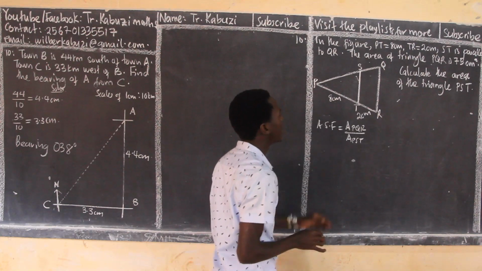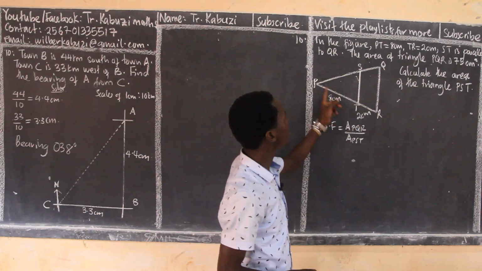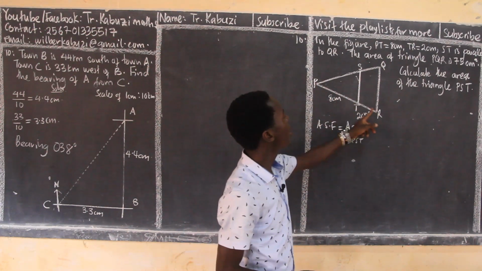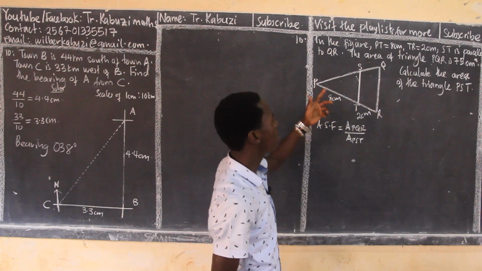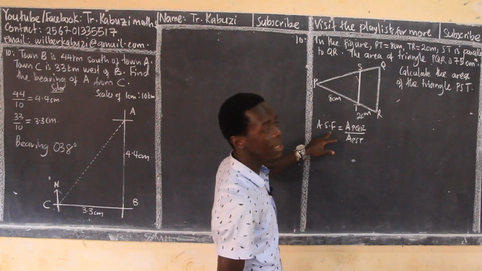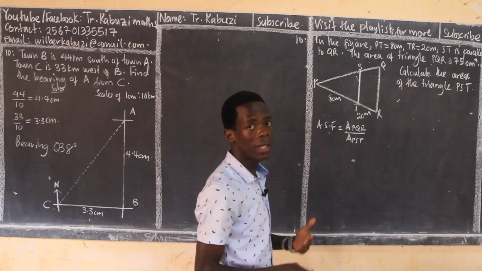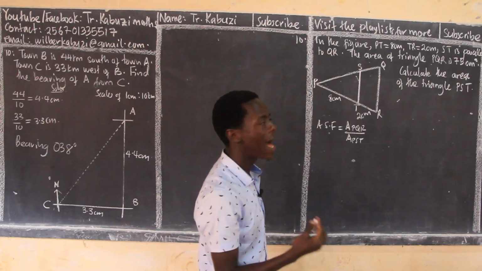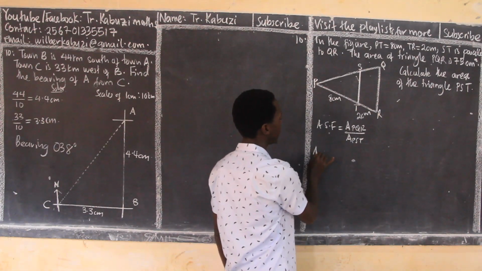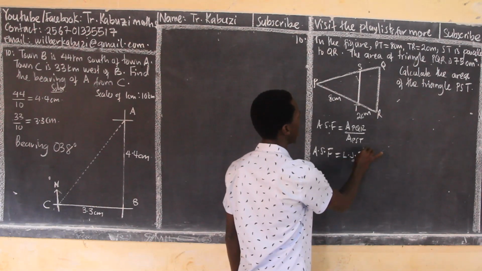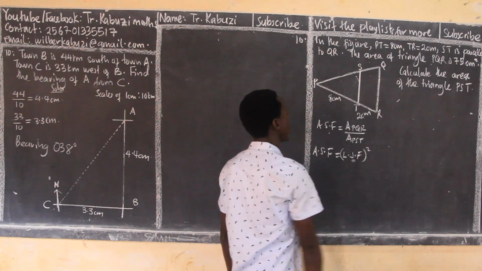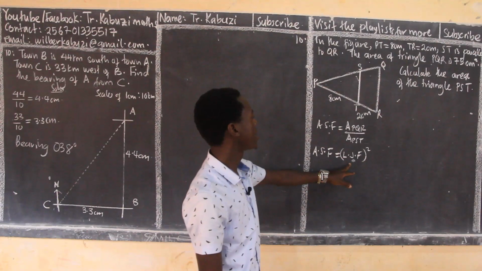But we have two sides, the one for PR and one for PT. Because I have only one area, I need the area scale factor. So there I'm going to use the relationship between the area scale factor and the linear scale factor. We all know that the area scale factor is equal to the linear scale factor, the whole squared. Now, can I get the linear scale factor?